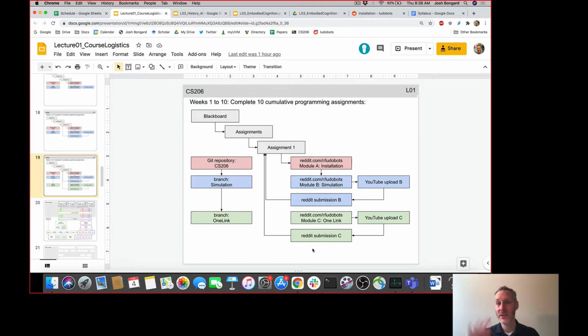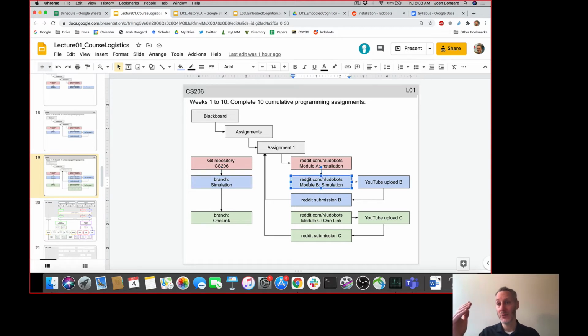Make sense? So we actually have 4 pieces in play here: Blackboard, Reddit, YouTube, and along the way, as you're creating your assignments, you are also creating branches from your GitHub repository. The reason why you're creating a branch for each module is so that if you get partway through a module and you get confused and it becomes difficult or impossible to debug your code, you can always roll your code back to the previous branch, which will take you to the start of that module, and you can start working forward again.